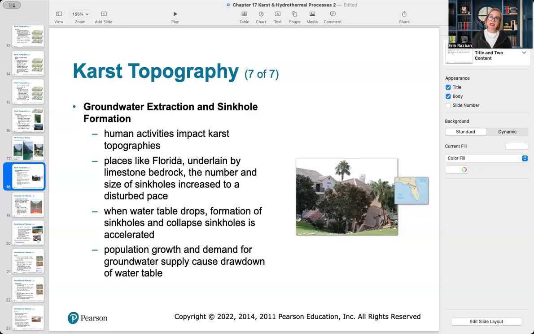The second one is the original uplift of the limestone or dolomite bedrock is at a higher elevation than, say, in Florida. If you've ever been to Florida, you will notice that it is very flat and at a low elevation compared to sea level. Last, Florida has much more development and groundwater extraction, which I just talked about.